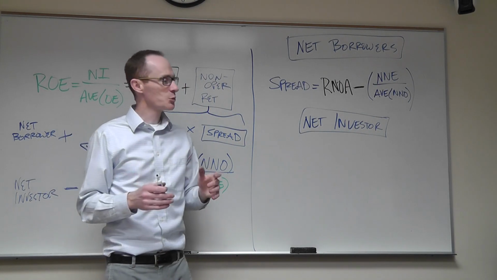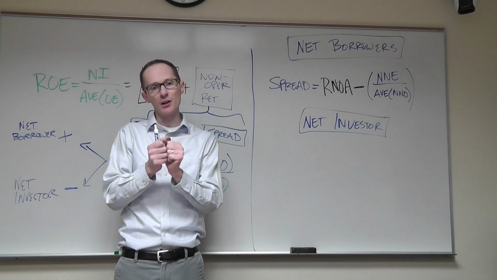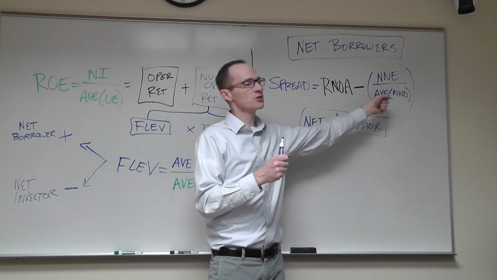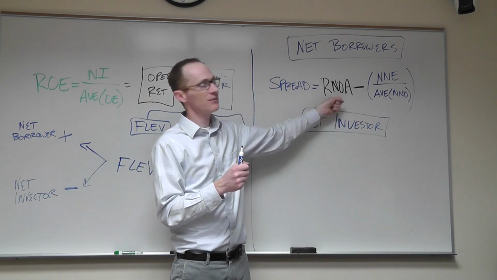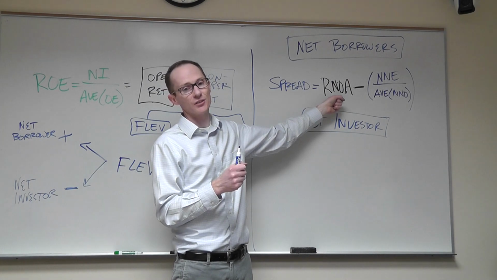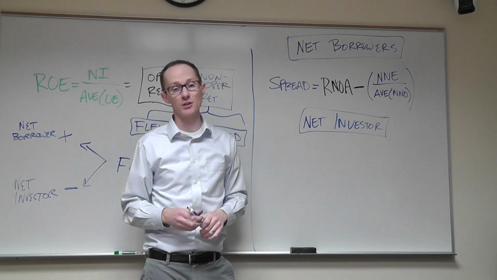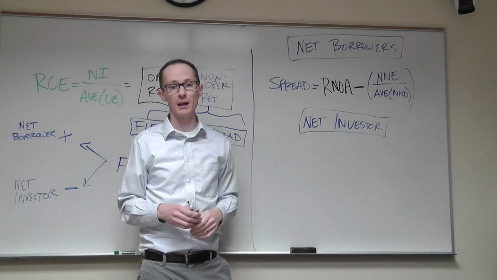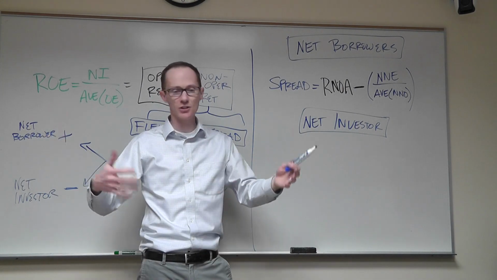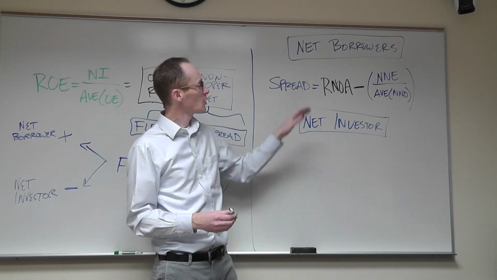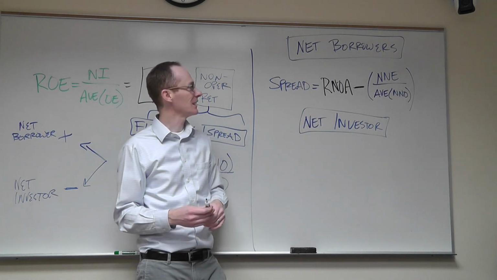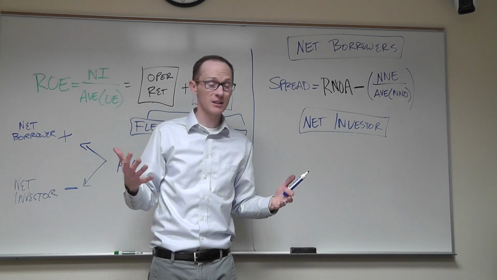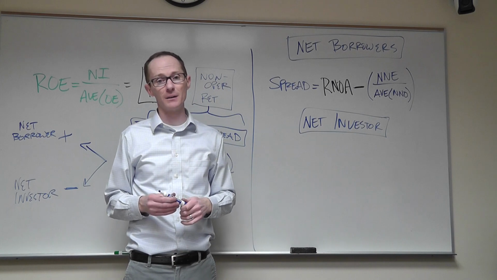So when a company like Microsoft decides to put $1 into a security instead of into operations, they're actually sacrificing some returns for the sake of liquidity. They want to stay liquid to make acquisitions and do other things. So what spread means for a net investor is the cost of staying financially liquid.